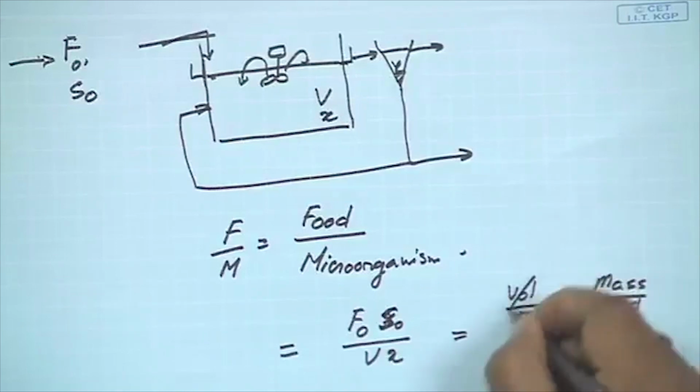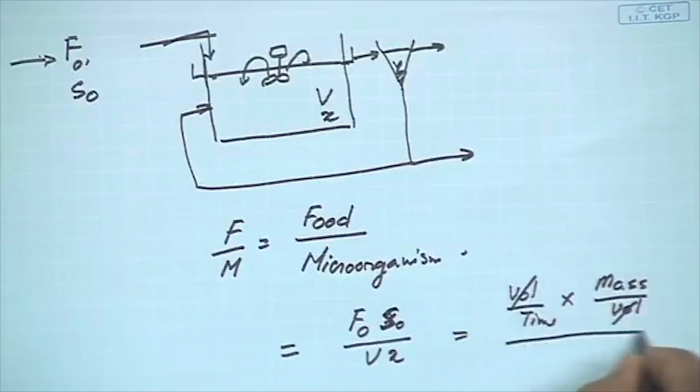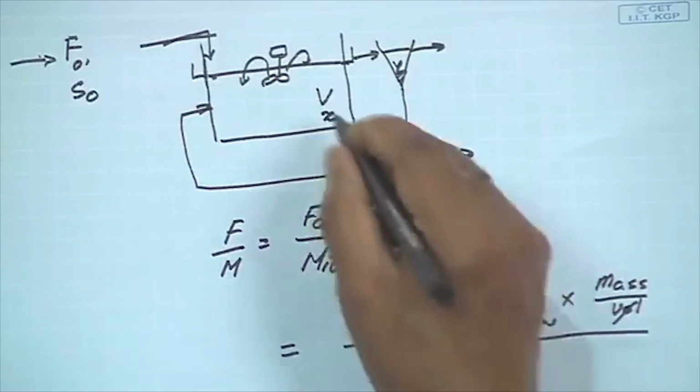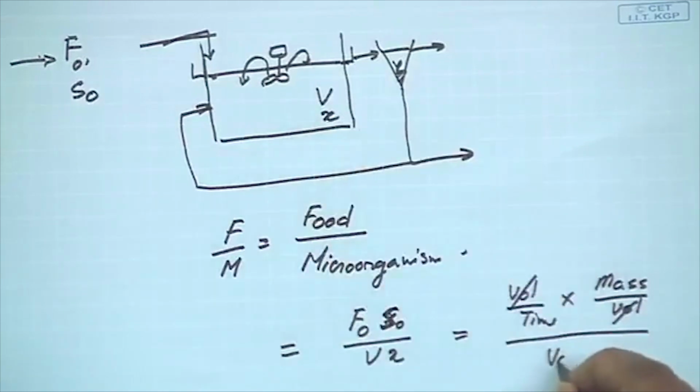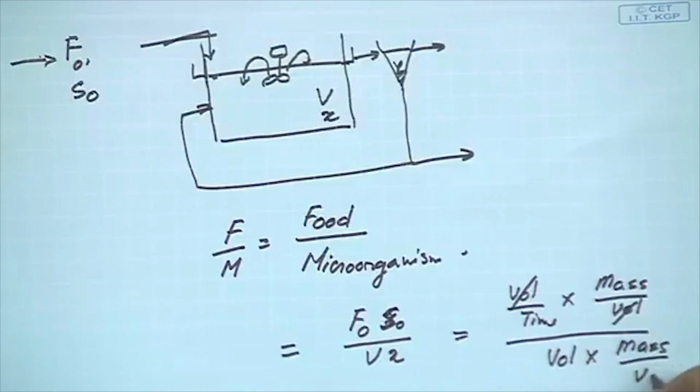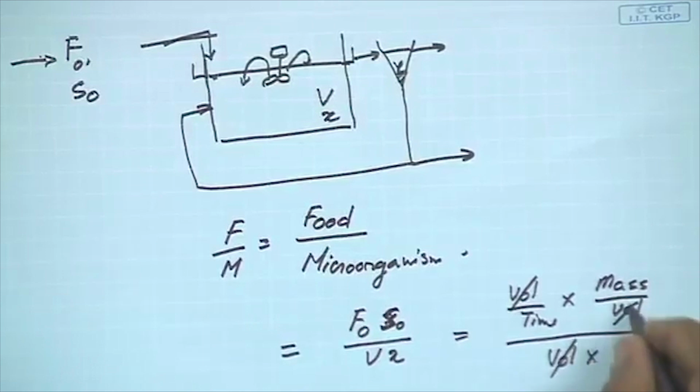So volume will cancel, so it will be mass per unit time. And here V is the volume of the reactor, and X is the concentration, which is mass per unit volume. So mass will cancel, and the unit will be time inverse.